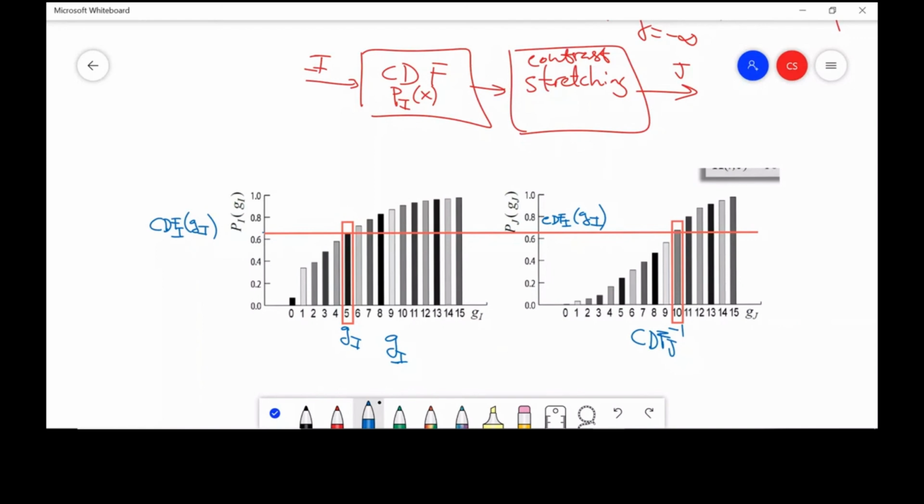Minus 1 means the inverse of that transformation, evaluated at this point. So I'm going from this Y onto this X. So the inverse has to be evaluated here, CDF of I at Gi. So this point here, the lookup table actually is this one.